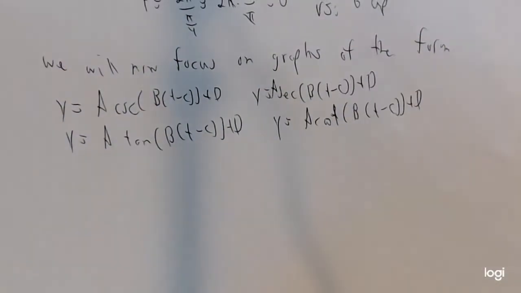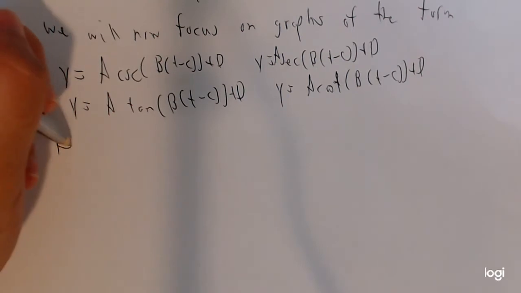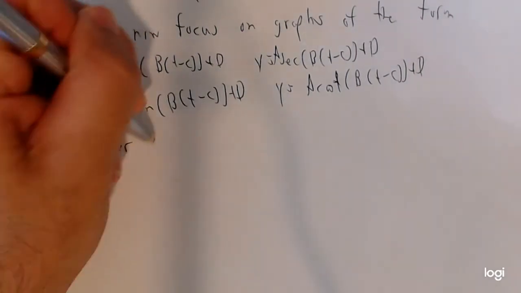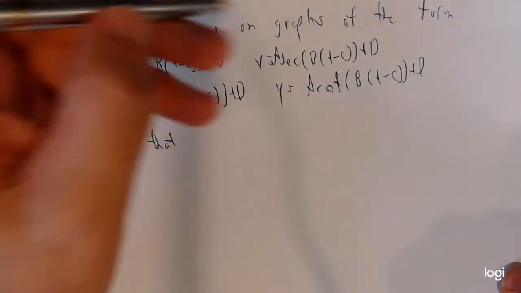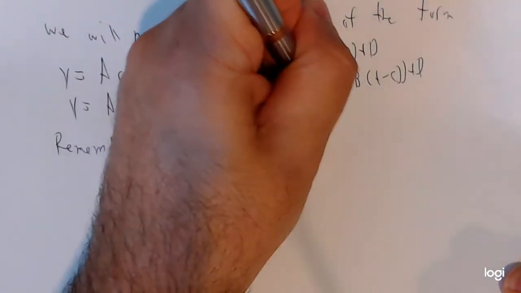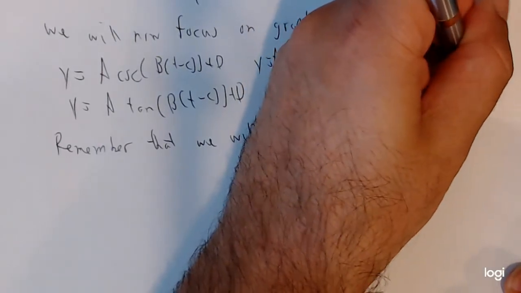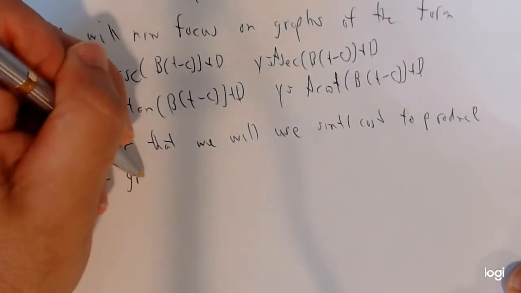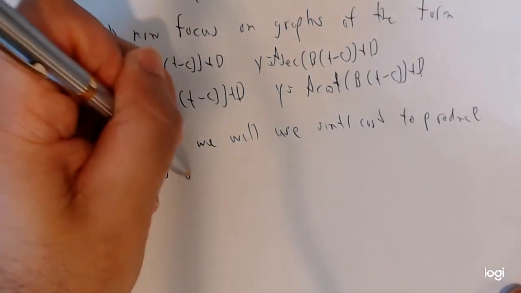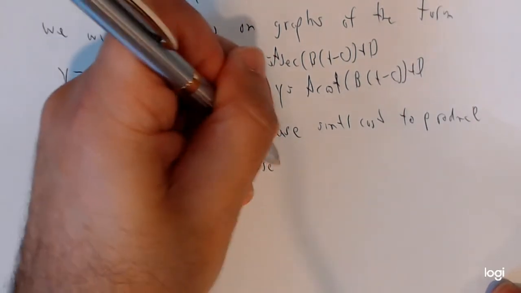Okay, and the a, b, c, and d still do the same thing. So a couple of comments I want to make before we do these examples. So remember that we will use sine and cosine to produce the graphs of cosecant of t and secant of t, right?